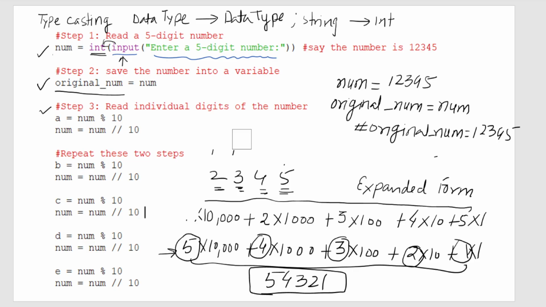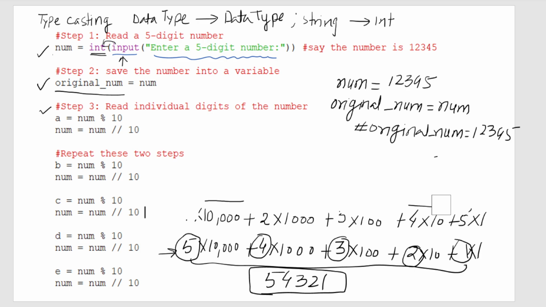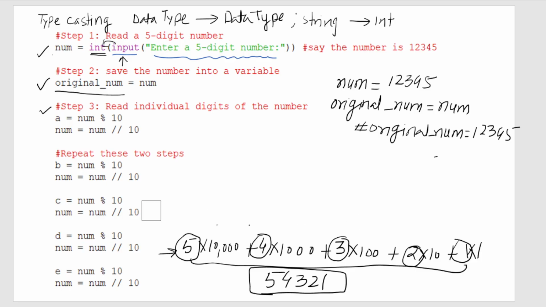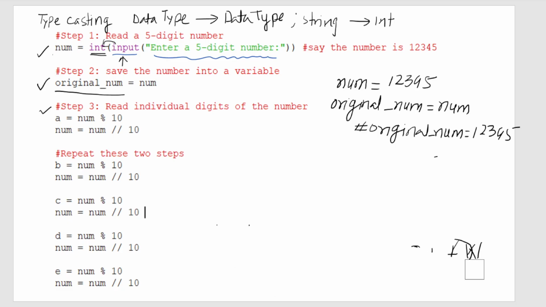We have seen this in our previous videos on for and while loops. If somebody doesn't know what loops are, they can also do this with loops. But we are focusing on reversing a number using an if else statement, so we are not going to use a looping structure.